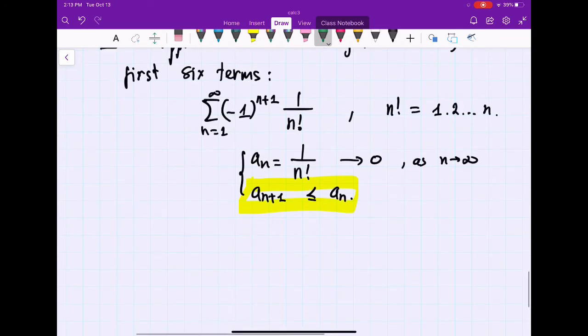From here, you can find S6. S6 is equal to, you just plug in n equal to 1, 2, 3, 4, 5, 6.